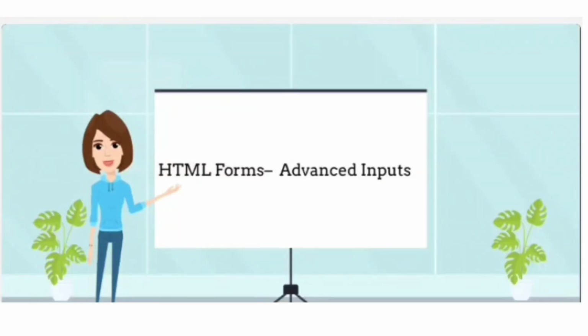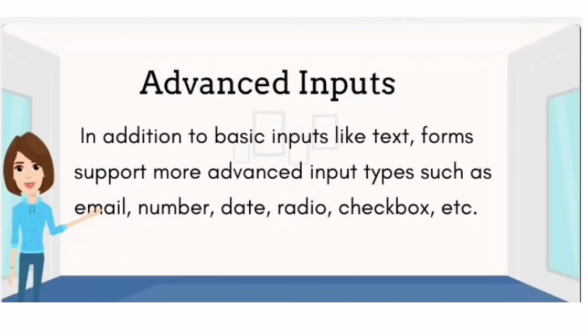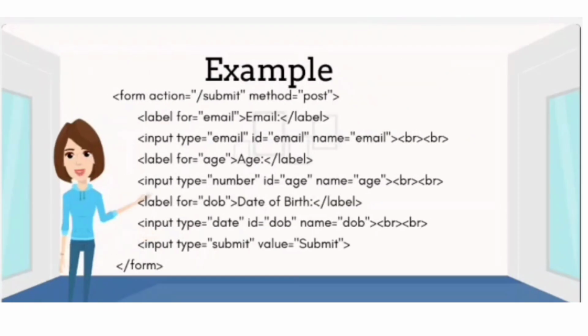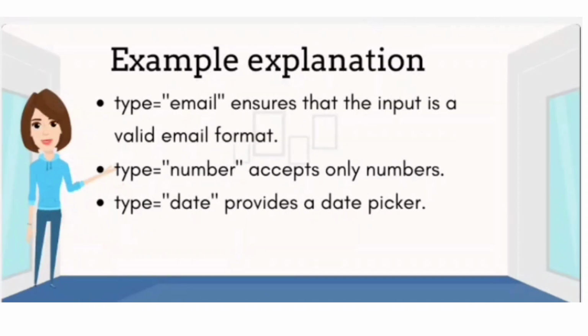HTML forms, advanced inputs. In addition to basic inputs like text, forms support more advanced input types such as email, number, date, radio, checkbox, etc. Here is the example. Example explanation.